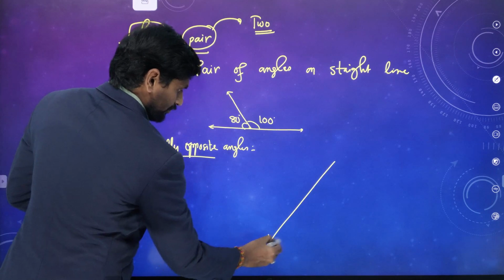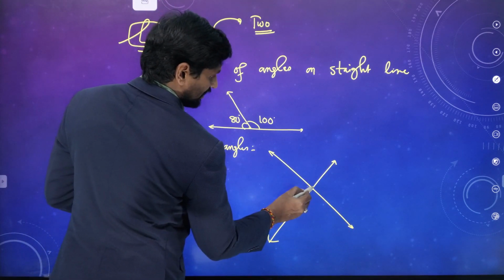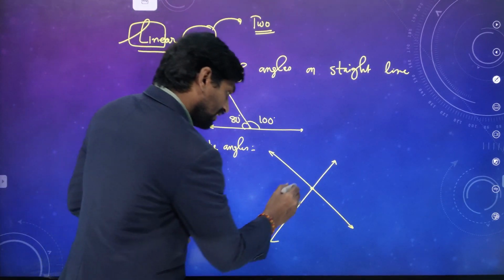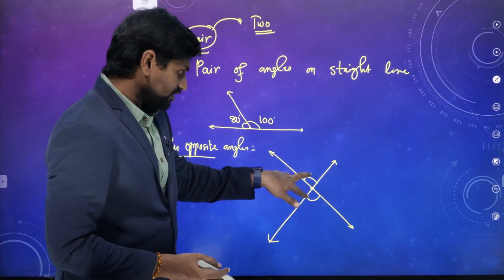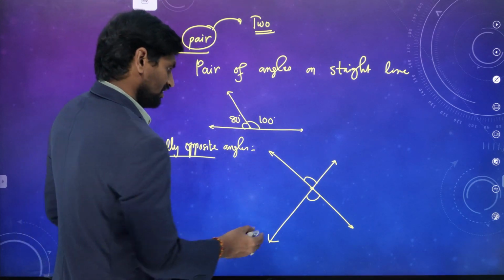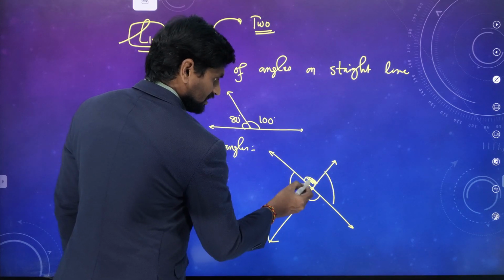For example, if you draw two straight lines like this, both intersect at a point, here forms two pairs of vertically opposite angles. These two are called vertically opposite angles, and these two are called vertically opposite angles.